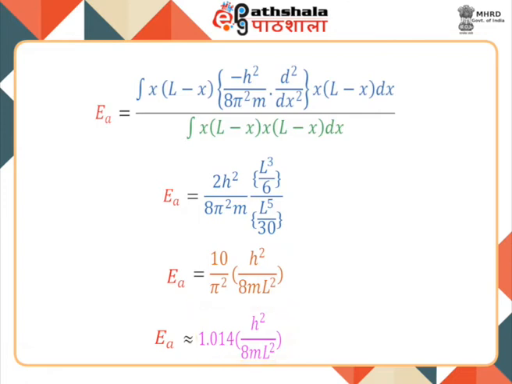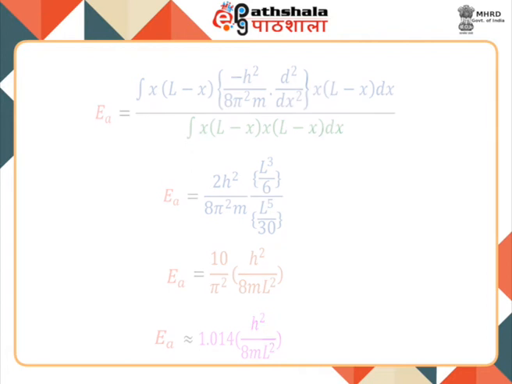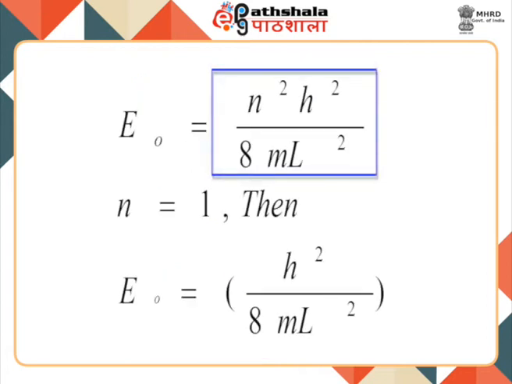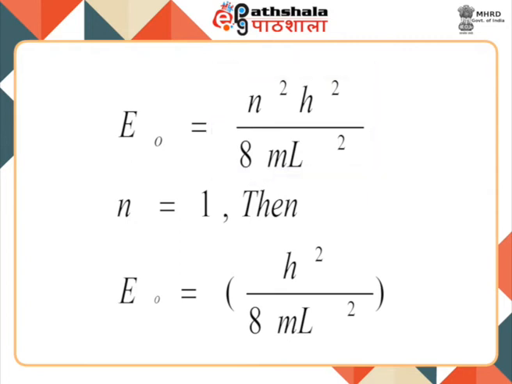For the problem of particle in a one-dimensional box, the exact ground state energy is known to be of the form that is shown in equation 7, which is n square into h square upon 8 m L square, where for ground state n is equal to 1.